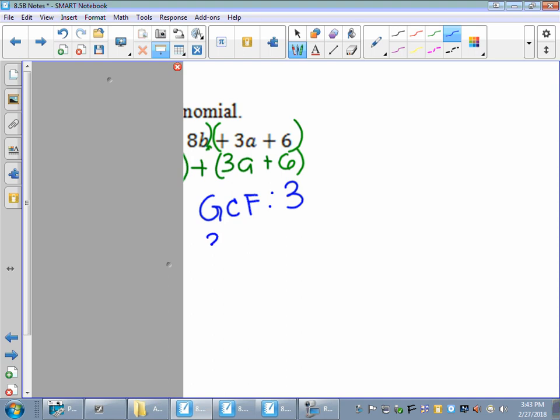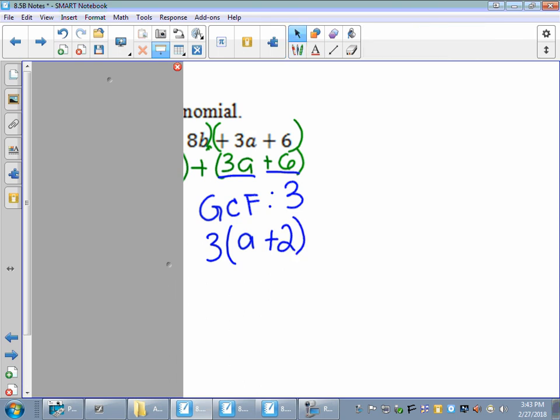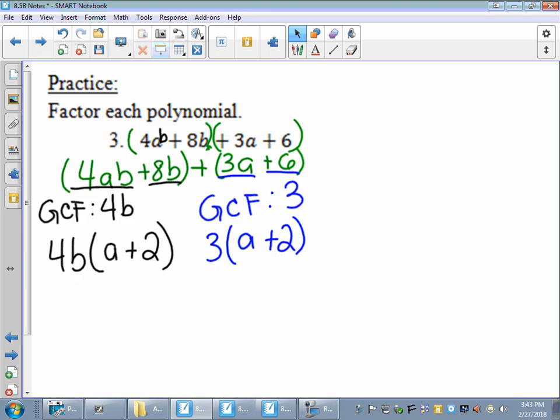If I was to write that down, 3, open my parentheses. 3 times a will get me to my 3a. In order to get to a positive 6, I would have to multiply 3 by a positive 2. Reached my last term, so I can close out my parentheses. Took care of both parts, I can get rid of my shade. Make sure you don't lose your plus sign that was in between those.